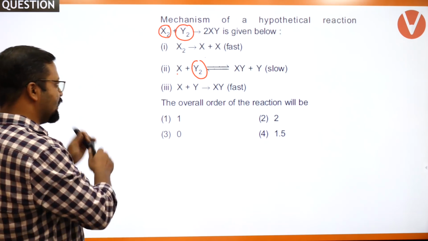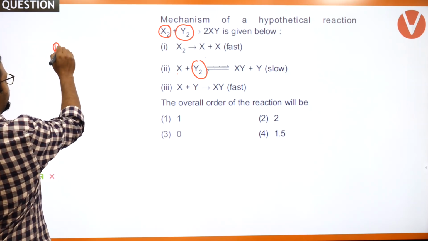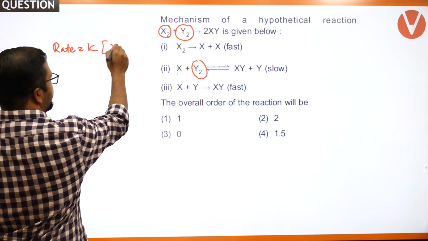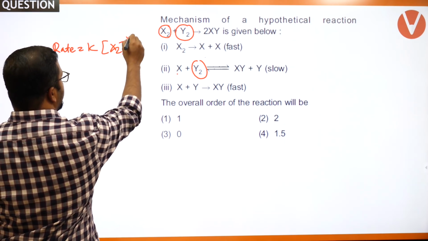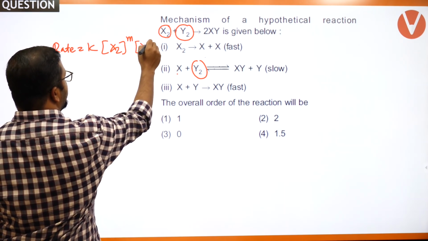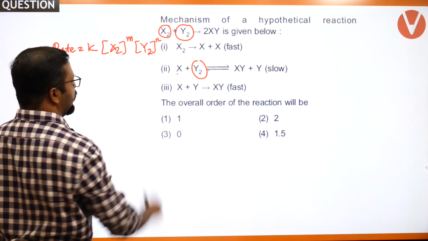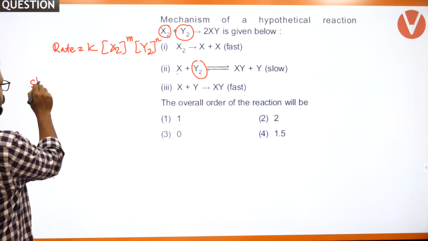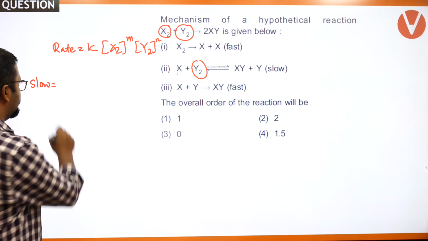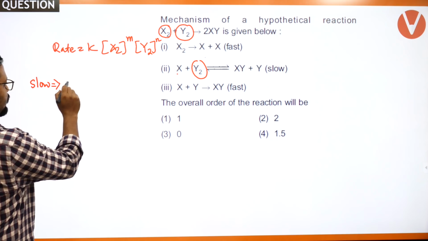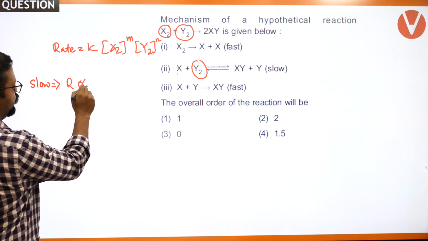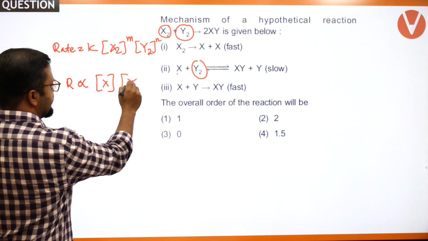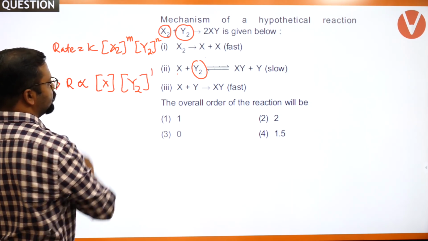ठीक है, देखते हैं कैसे करेंगे. So I will write rate equal to k [X2] to the power m [Y2] to the power n. ये लिखेंगे हम. If I take the slowest step of the reaction, for the slowest step, rate is proportional to [X] [Y2] to the power 1.